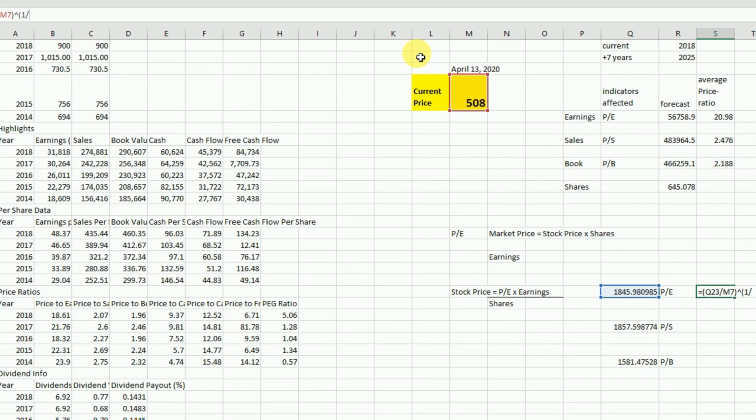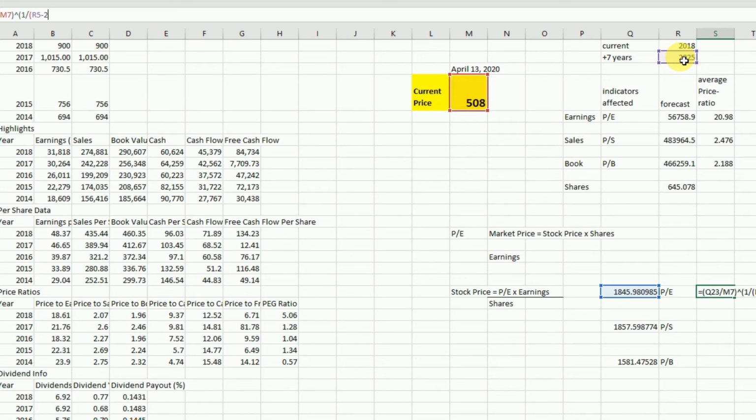So we have 2025 minus 2020. That's why I had to put the date here. So, open parenthesis, 2025 minus the current year, which is 2020, because the value today is as it is. In 2020, April 13, it is at 508.